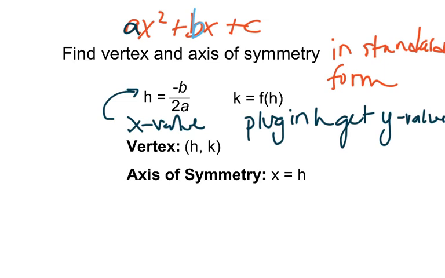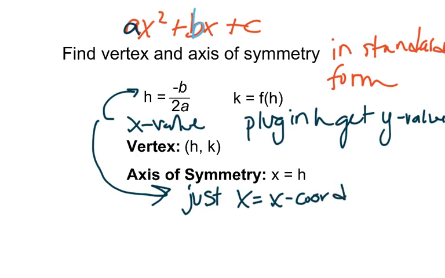And then your axis of symmetry is actually the same as just your x coordinate of the vertex. So it's just x equals the x coordinate of the vertex.